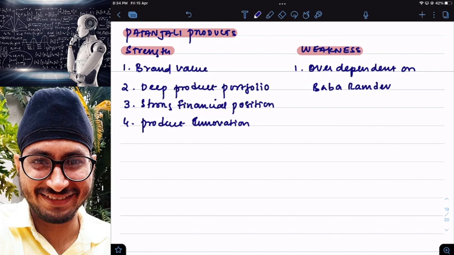No. The brand value of Baba Ramdev is translating into goodwill for Patanjali. So they are over dependent on Baba Ramdev for the brand image of their company. That is one weakness. Next, number two, they have a subpar e-commerce presence.